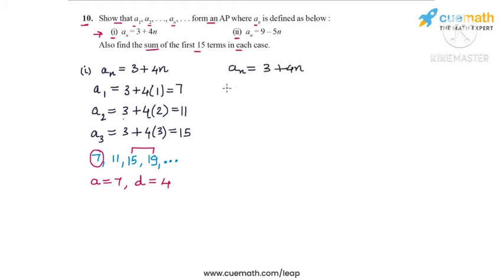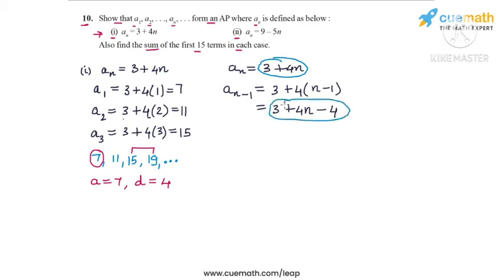So instead of n, if I substitute n minus 1, the n minus 1th term will be 3 plus 4 times n minus 1, which is equal to 3 plus 4n minus 4. This is your nth term, 3 plus 4n. This is your n minus 1th term, 3 plus 4n minus 4.